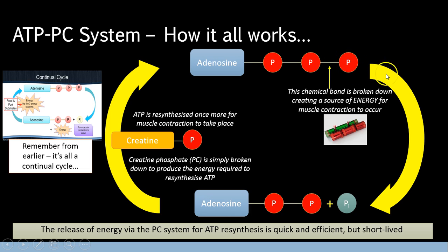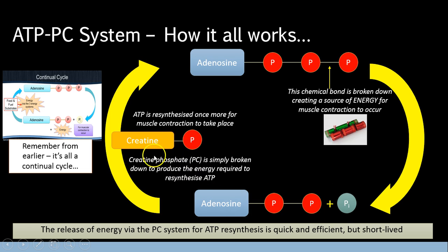When we break down that ATP into ADP and inorganic phosphate, that's what allows our muscles to contract. Then we need to resynthesize ATP, so we essentially need to put these back together to get back to our starting point of ATP. The PC system's role is to provide energy for this resynthesis.